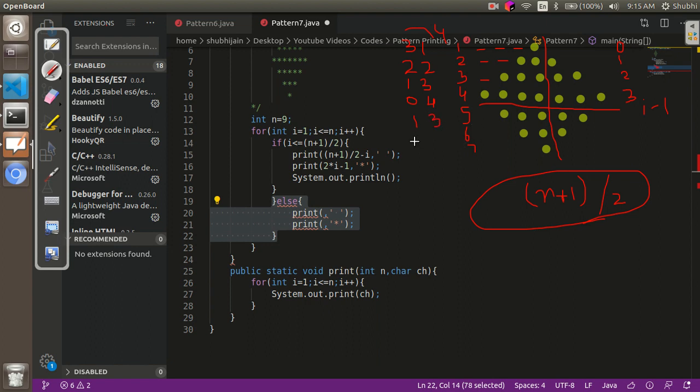For the 6th row, the number of spaces are 2, and the number of characters are also 2. For the 7th row, we have number of spaces 3, and the number of characters 1, the number of stars. Now for this part, for the 5th row, we have 2 characters. For the 6th row, we have 1 character, and for the 7th row, we have 0 characters.